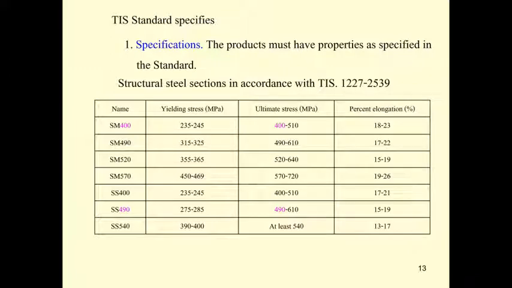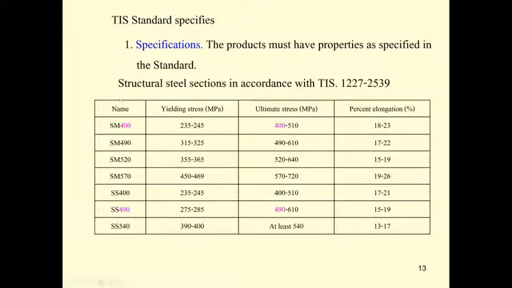The TIS standard gives you two things. One is the specification. The specification gives you the properties that you use when you compare with the test result.